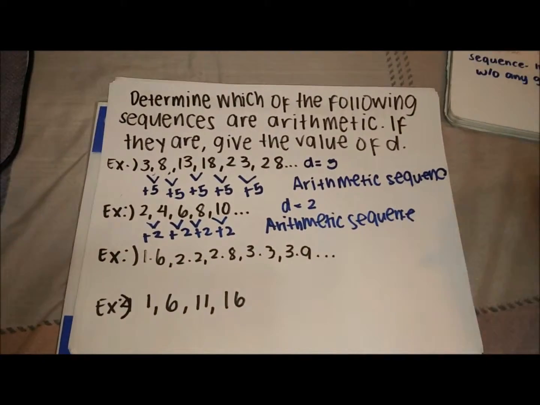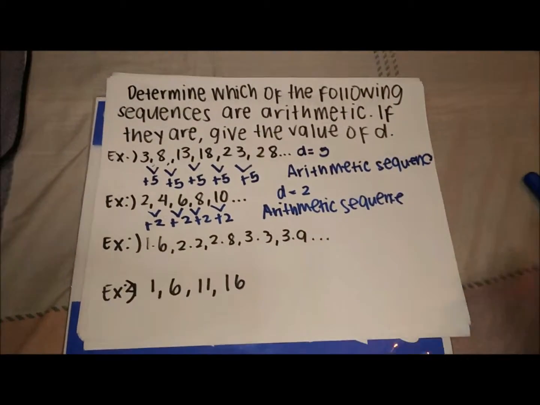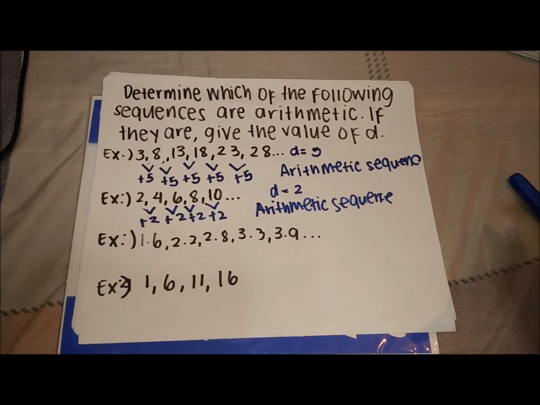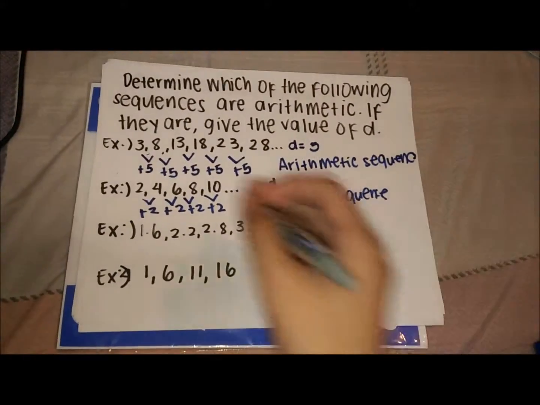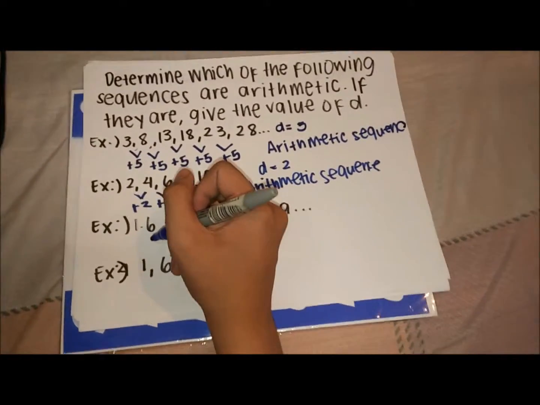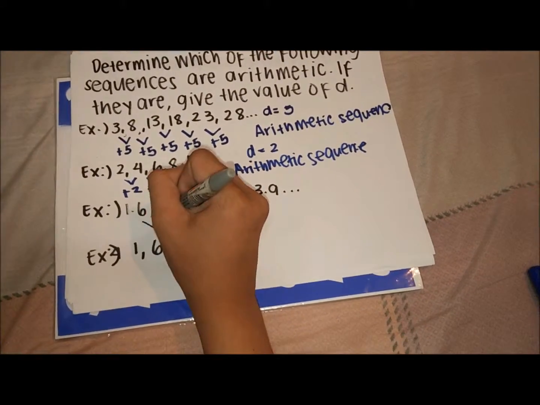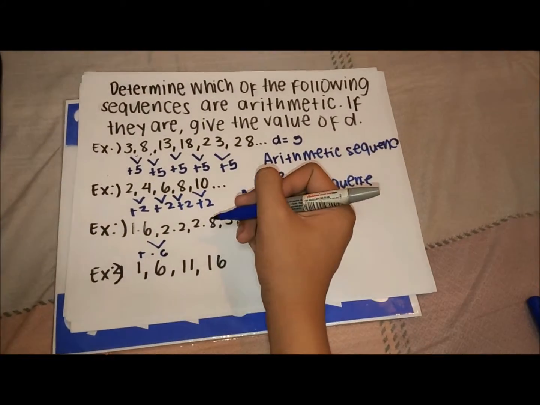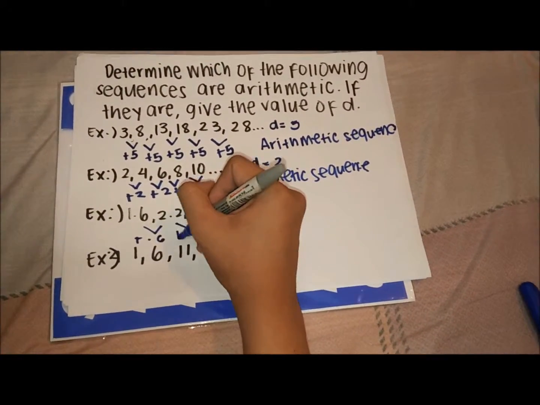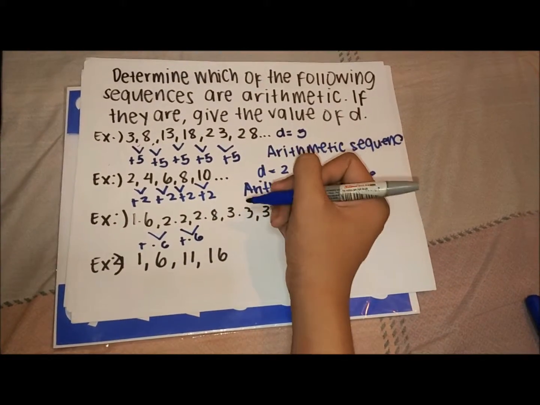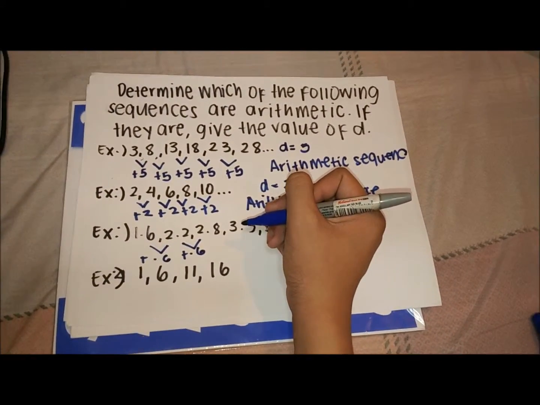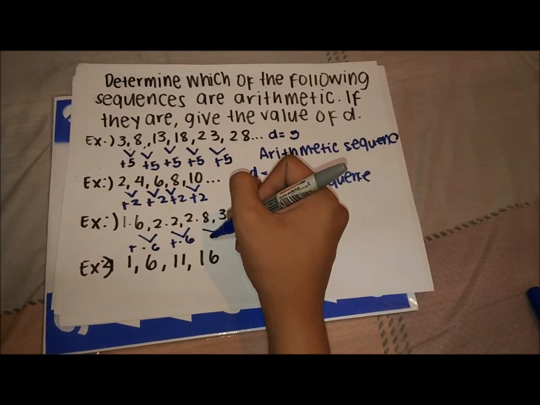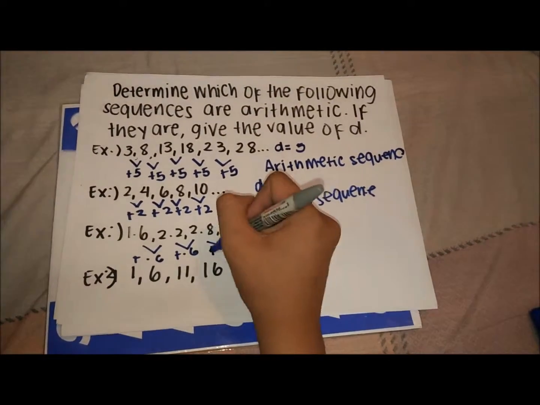Another example of a sequence is 1.6, 2.2, 2.8, 3.3, 3.9, and so on. Notice that if I add 0.6 to 1.6, I get 2.2. And if I add another 0.6 to 2.2, I get 2.8. But if I add 0.6 to 2.8, I get 3.4, not 3.3.